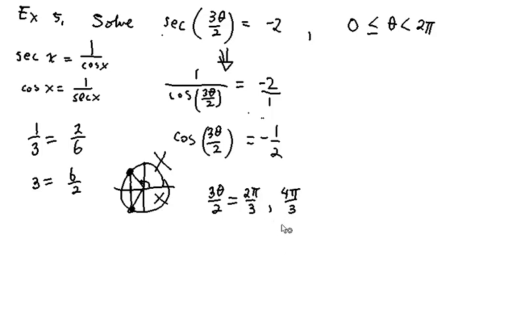But am I done? Well, I still need to check how many times I need to turn by changing my domain. Okay, so this is true only if theta... I need to make the inside be this. Okay, so how do I do that? I need to multiply this side by 3 over 2 and multiply this side by 3 over 2. If I multiply this side by 3 over 2, I still get 0. If I multiply 2 pi times 3 over 2, it's going to be 3 pi.